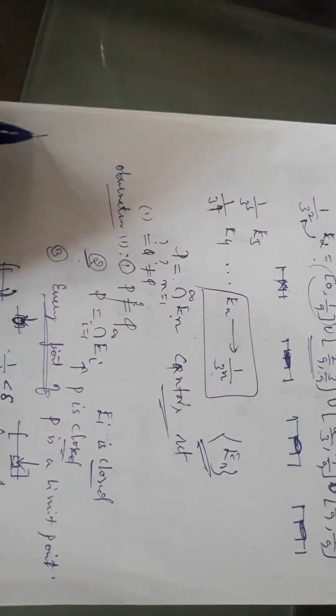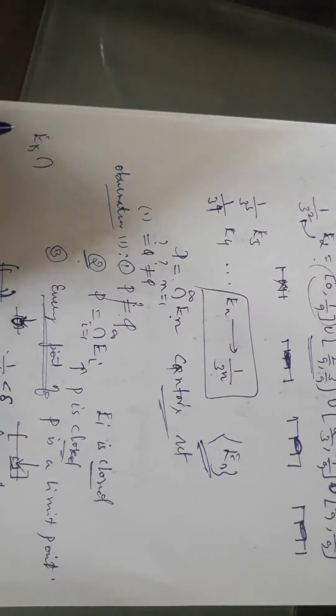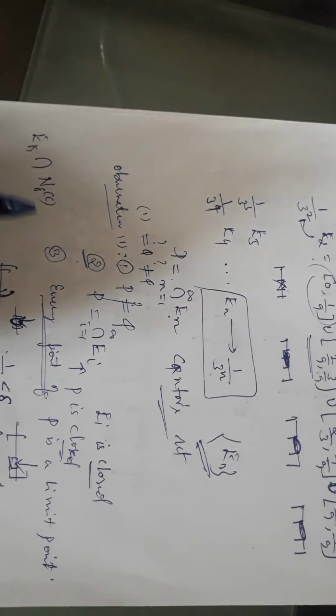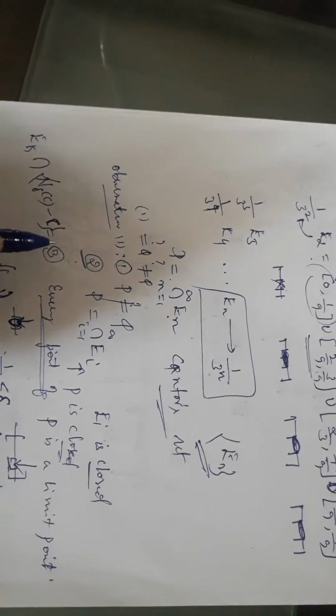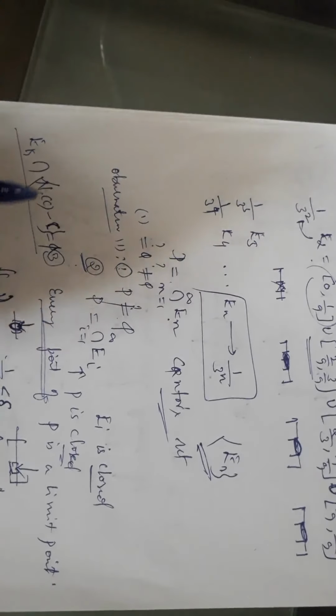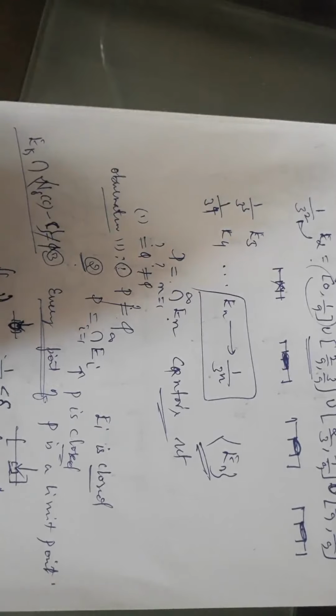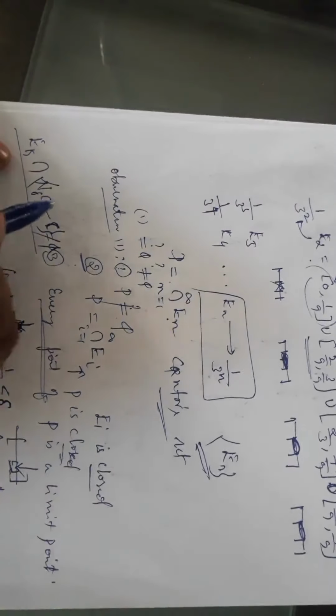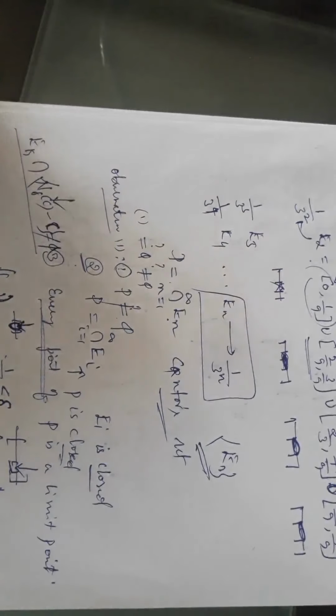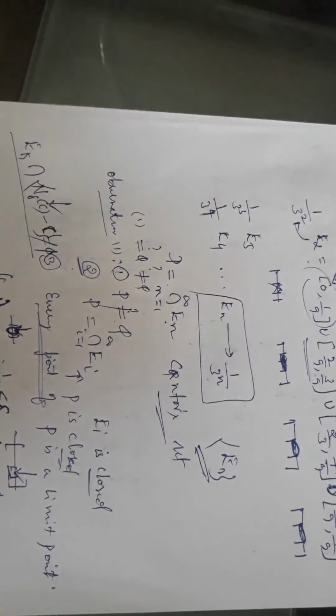In the sense, the set E_k intersection the neighborhood of the point c, excluding the point c, is not empty. Then every point, that is the point c, is a limit point. Since c is arbitrary, every point is a limit point.